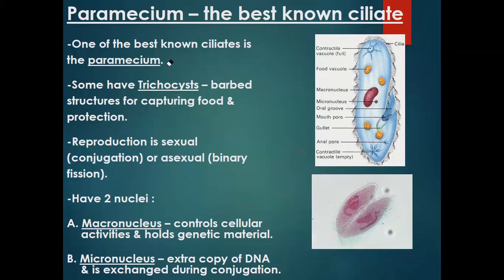Conjugation is the sexual reproduction because it exchanges genetic material from one cell to the other, and binary fission is the asexual reproduction. They can do binary fission even without conjugation.